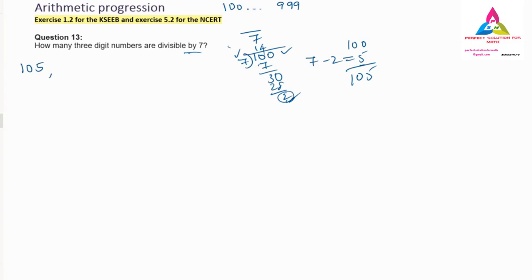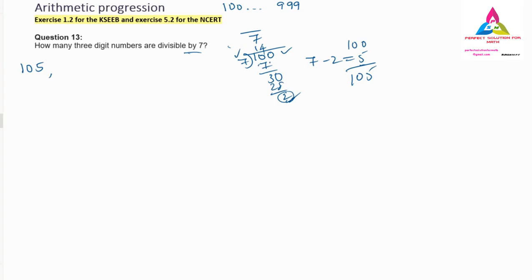Like this we have to find the first term. If you found the first term, it is very good, and in the same way we have to find the last term also. How to find the first term? Just now I told you, we divide 100 by 7. If they have given a 3-digit number, the first starting number will be 100 only.